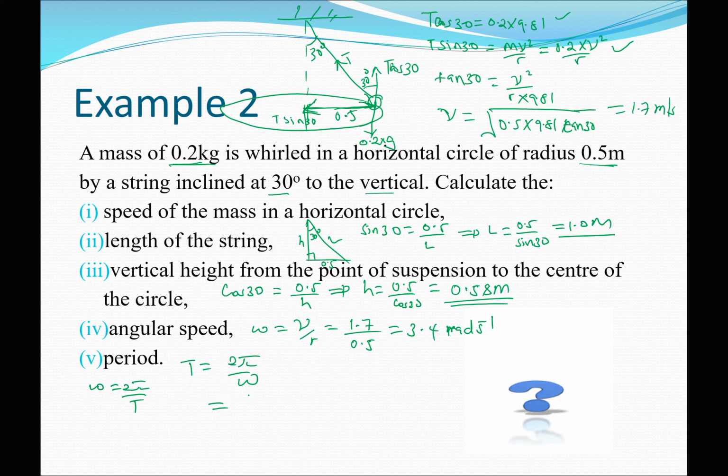So when we substitute, this is going to be 2 pi divided by omega, which omega is approximately 3.4. So I'll just press my calculator. 2 pi divided by 3.4. So this is 1.85, approximately 1.85 seconds. So that will be the period.